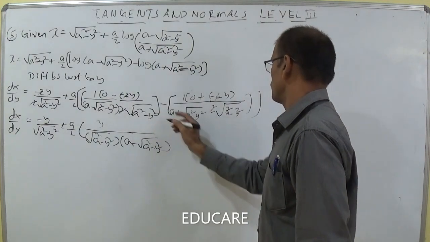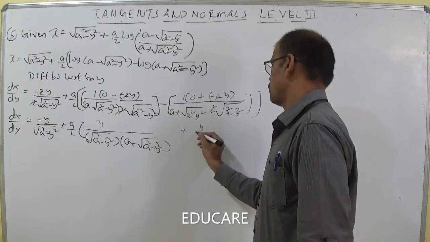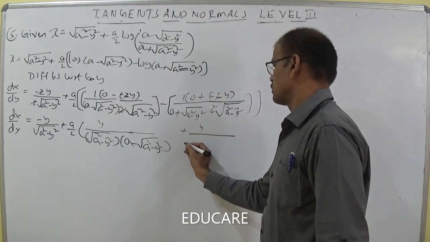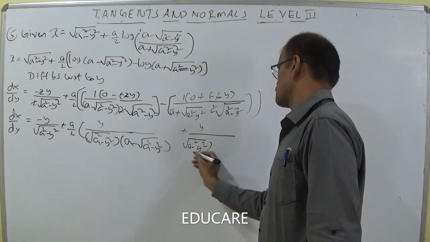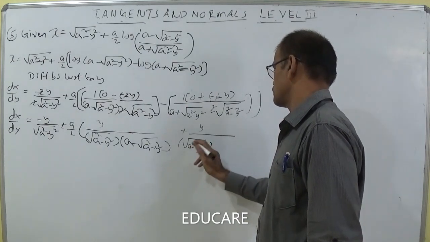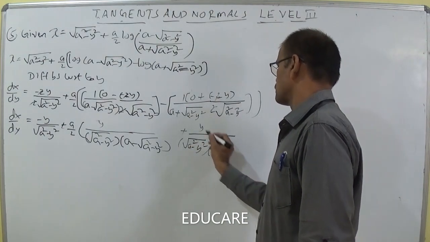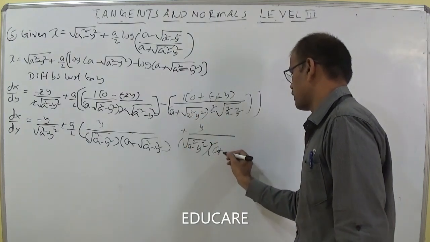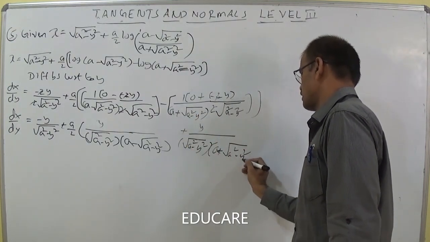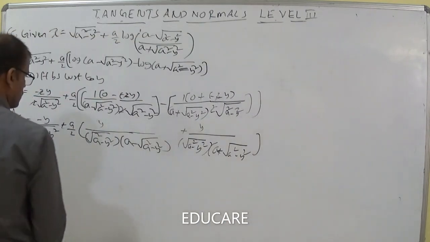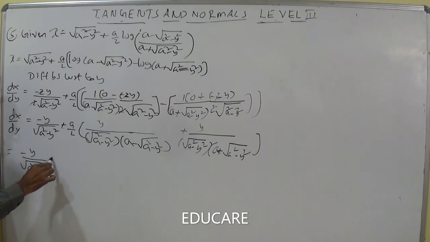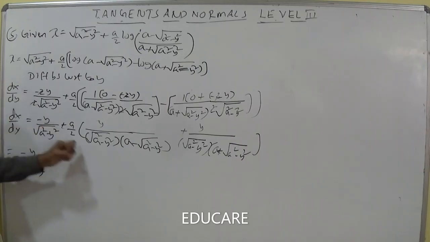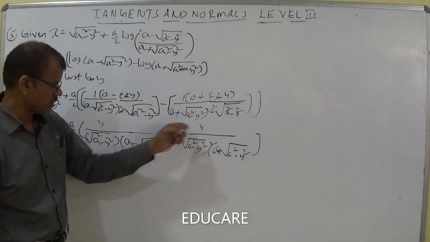Then you can write here minus of minus plus y by root of a square minus y square, a square minus y square into, this is a square, into a plus, put in a small bracket, a plus root of a square minus y square. So again the next step we can write as minus y by root of a square minus y square plus, we can take common root of a square minus y square, and y is there.